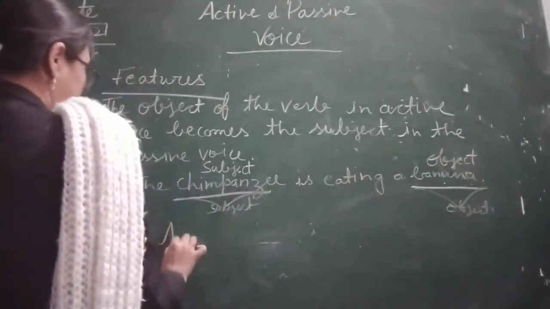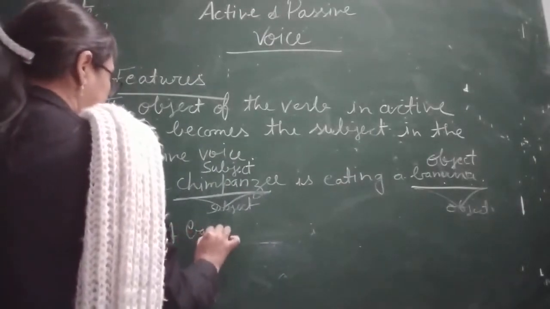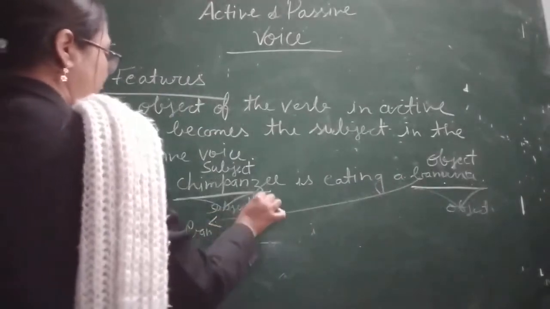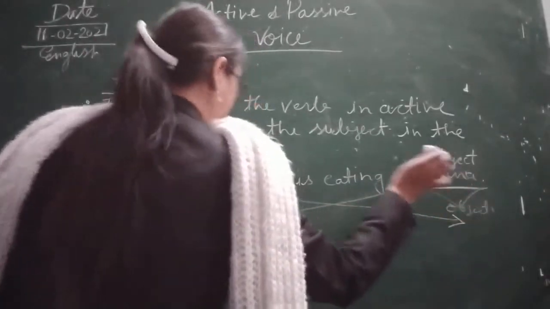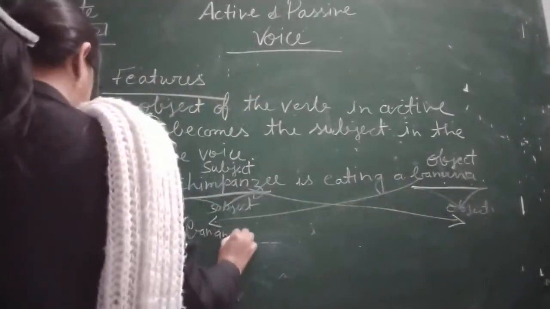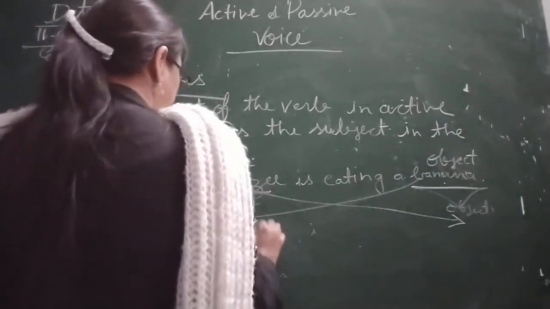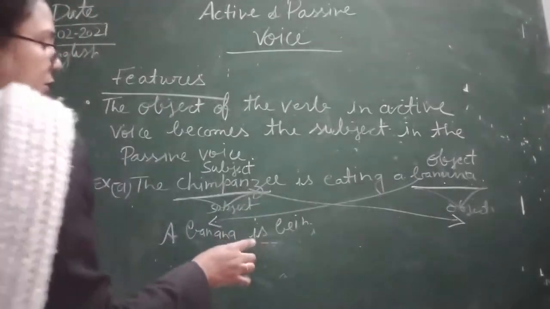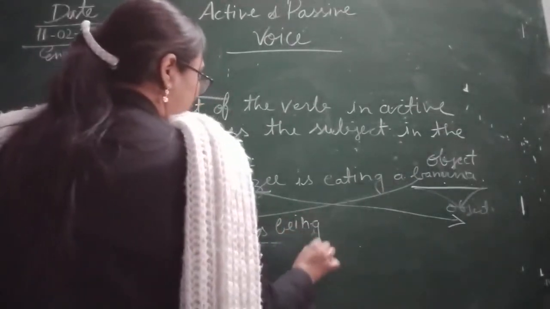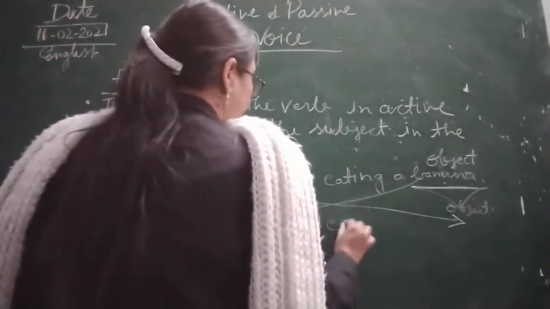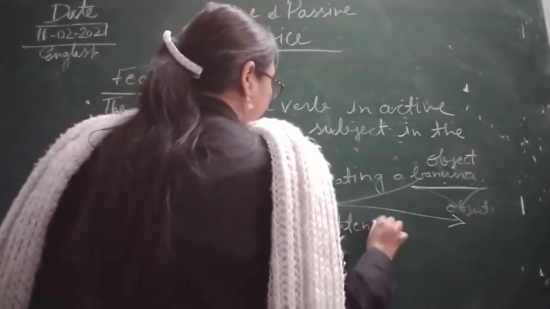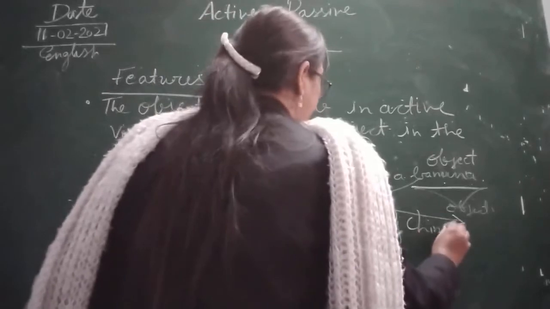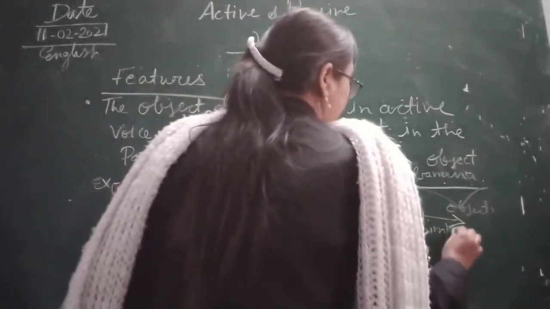Okay. Now when we are using this in passive voice, what will we do? A banana, it will come here. So the zigzag form will be followed. So a banana is being, because this is in continuous tense, so we will write is being eaten by chimpanzee.